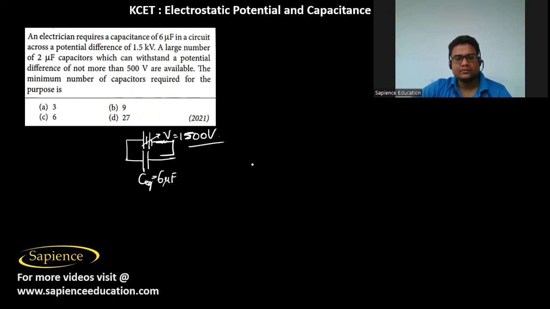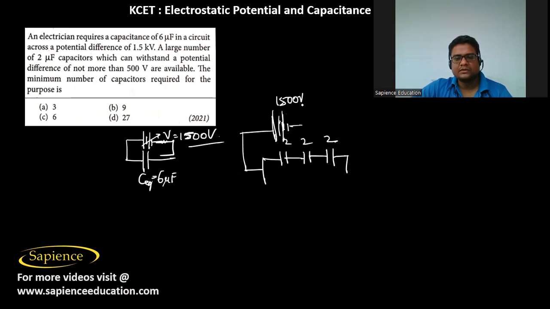So here, to form 6 microfarad, we can connect actually three 2 microfarad capacitors in series. Why? The applied voltage is very high, the applied voltage is 1500 volts.